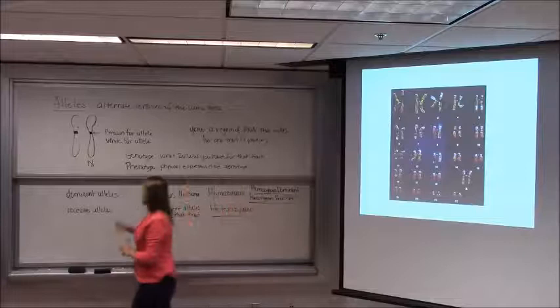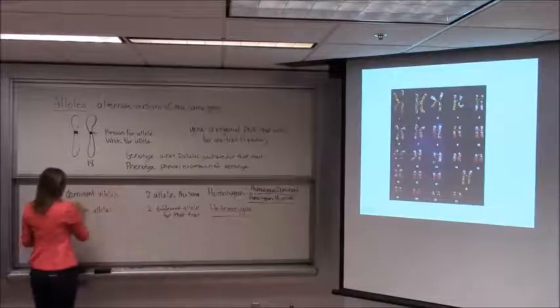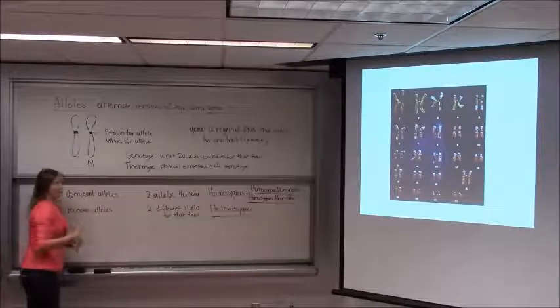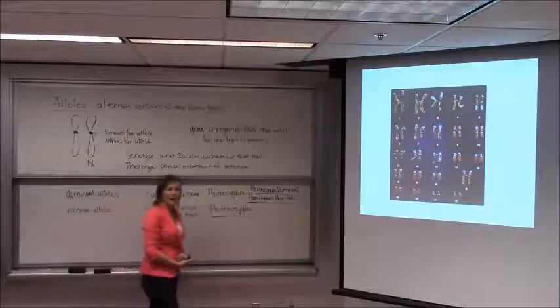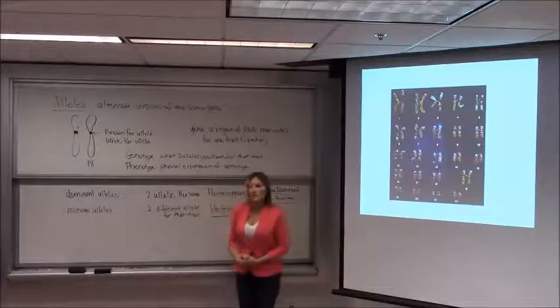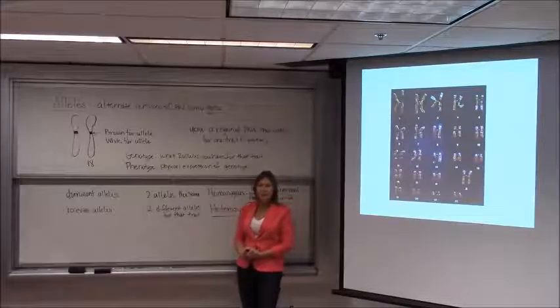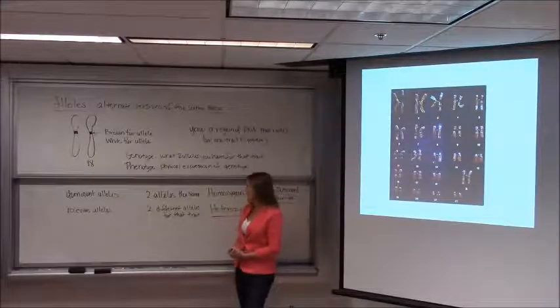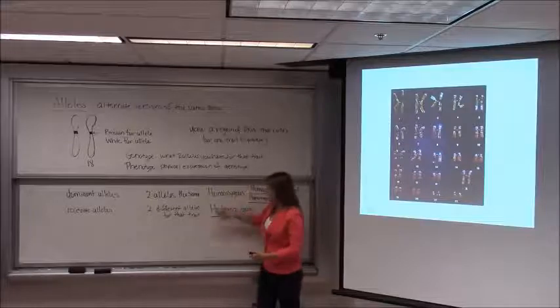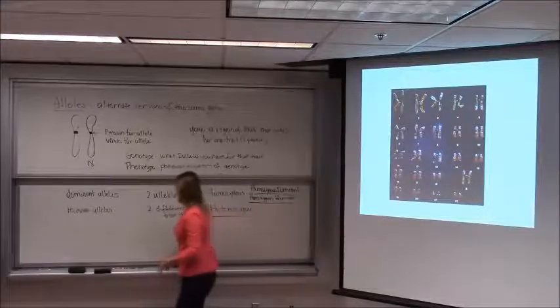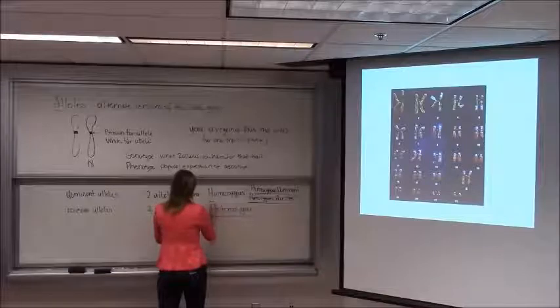To determine what's dominant and what's recessive depends on the type of inheritance we're talking about. But usually, in determining what type of inheritance pattern we're looking at, it's significant to look at the heterozygous individual.